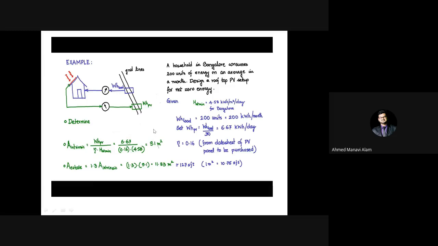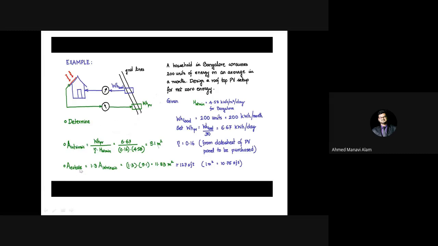But even if I give any term in hour and another term in kilowatt, then you need to merge them together in a single unit. So 6.67 divided by 0.16 into 4.58. The things are given. Now the answer is there. Very simple.